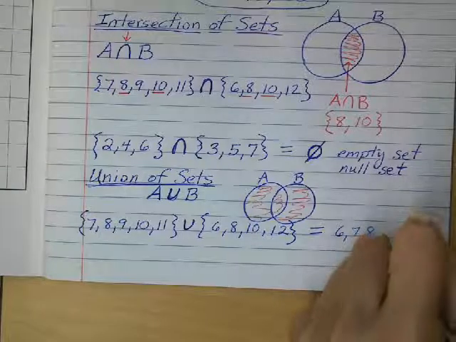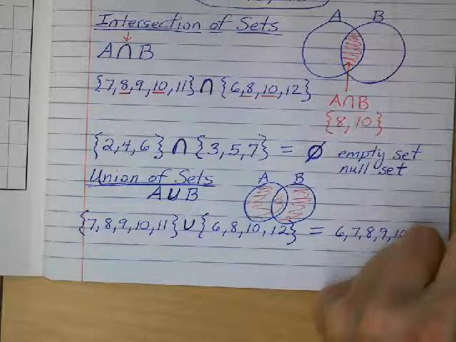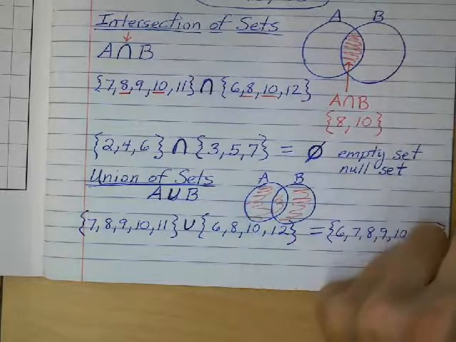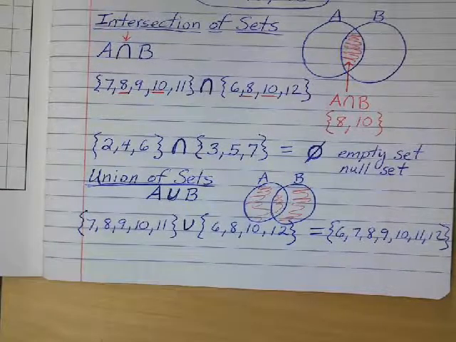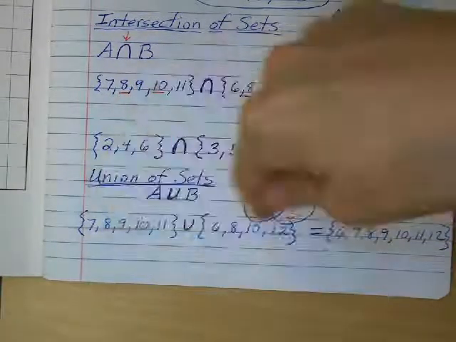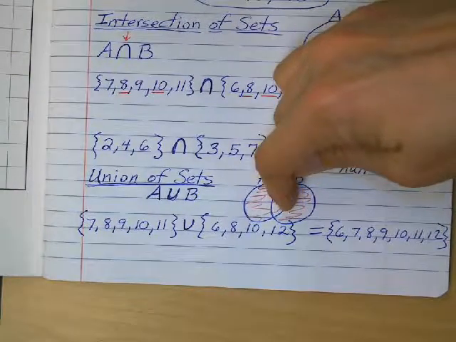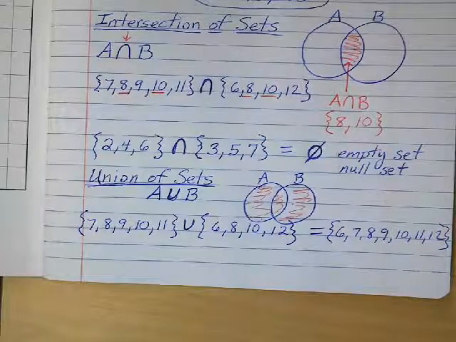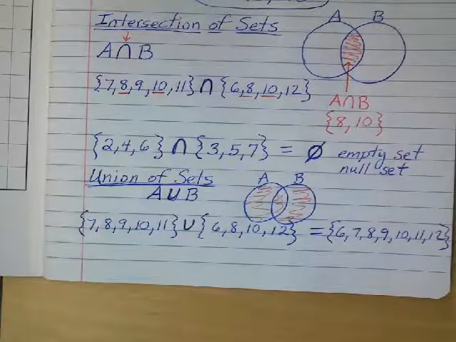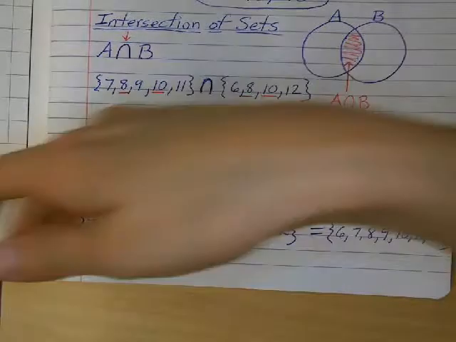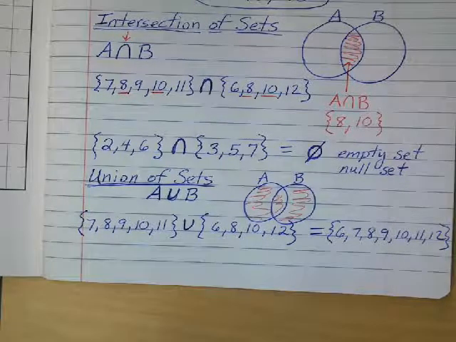You don't have to write things that repeat twice. 8 is in both, so it would have been in the middle section, and you don't have to write it twice. They specifically say don't write repeats twice. Just make sure you wrote down all the numbers, 6, 7, 8, 9, 10, 11, 12. That's a union, put it all together.